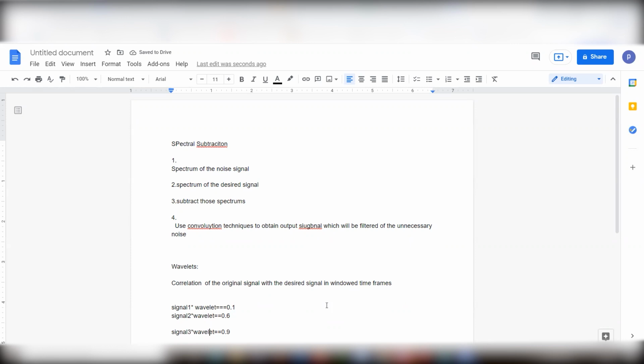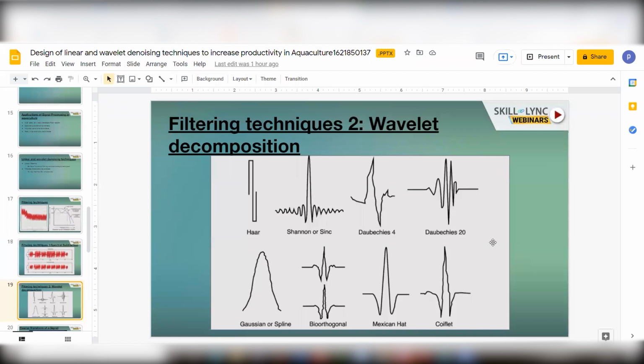Then by definition, signal 3 is highly correlated with the waveform of the wavelet than signal 1 or signal 2. So what is the catch here? The signal that you want to detect, or the signal that is present inside the raw data, must be such that the shape of the signal that you want to detect must resemble some of these wavelets.